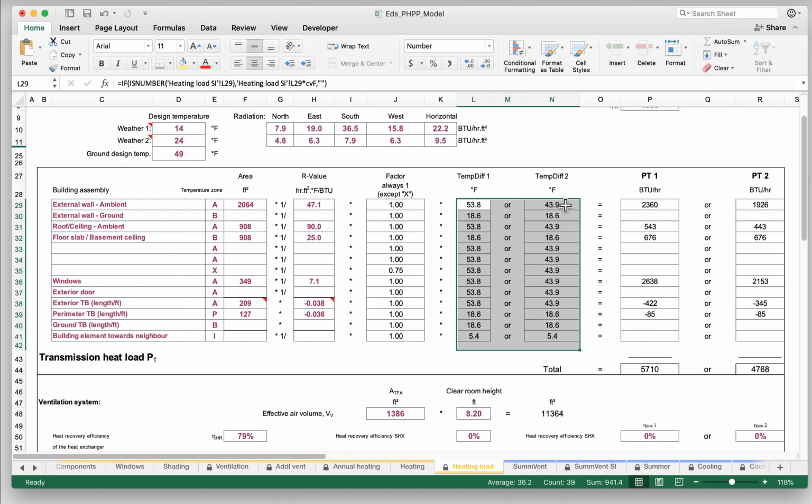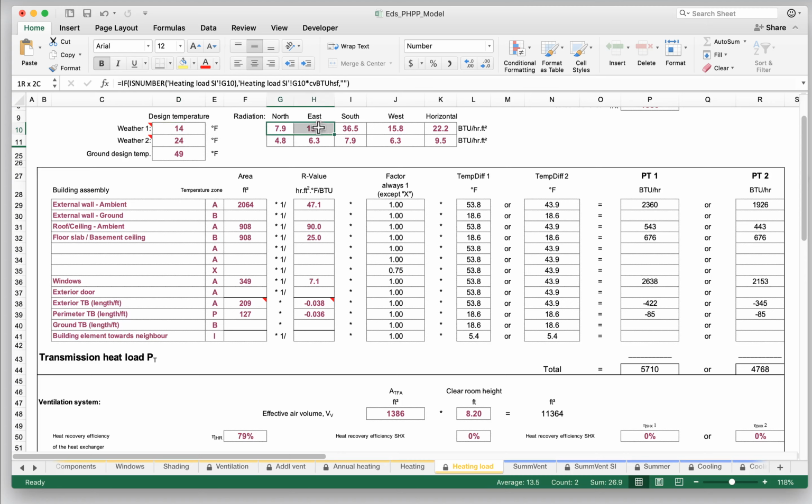Now, you might look at this and you might say, Ed, that doesn't make any sense. Obviously, weather condition 1, 14 degrees, is more difficult, is colder, is more severe than weather condition 2. And that's true, except that when it's really cold and really clear, we will have a lot of transmission losses because it's so cold.